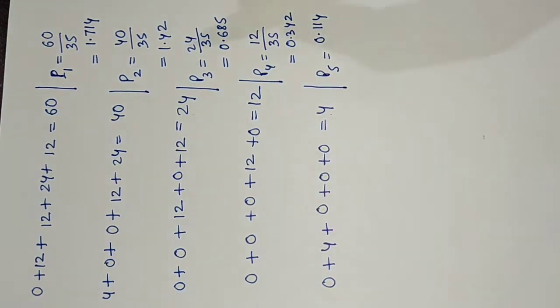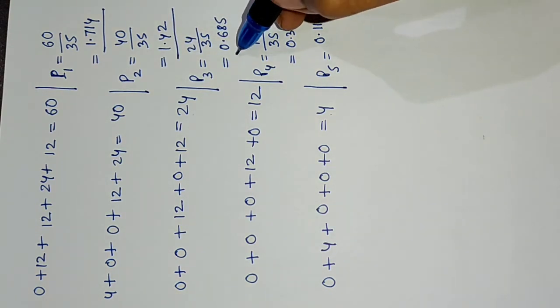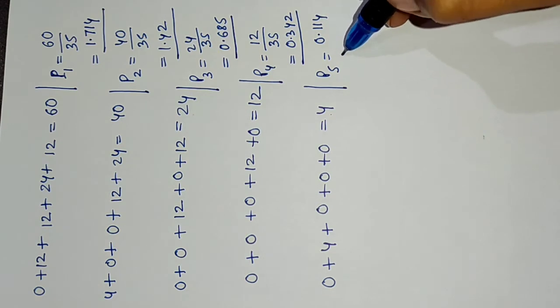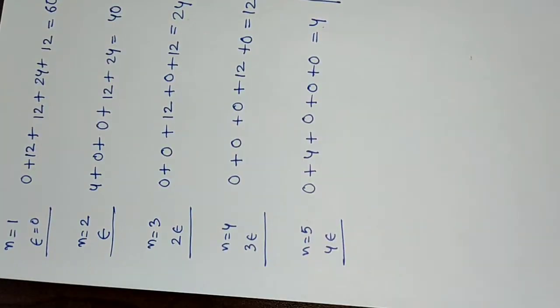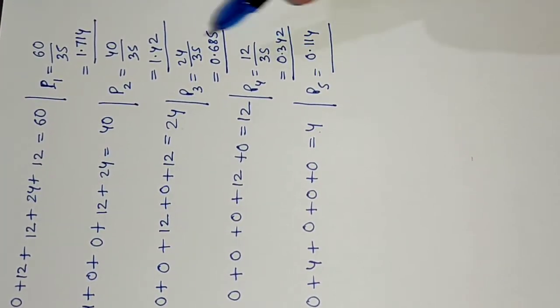So we see that the average population for the ground state is 1.714, for the first excited state is 1.42, and for the next level is 0.685, higher level 0.342, next higher level 0.114. Now in this direction, what is happening? Energy is increasing and we see the population is decreasing.